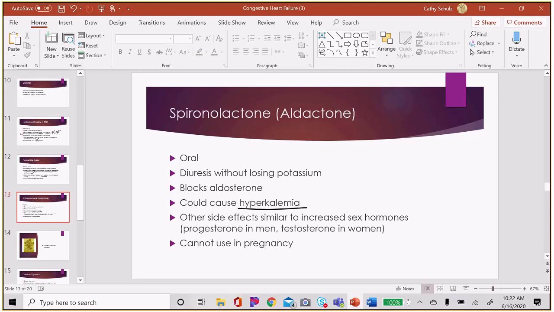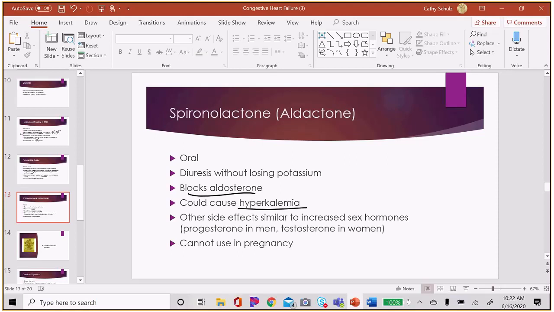Angiotensin 2 causes vasoconstriction as well as causes the adrenal glands to release aldosterone, and aldosterone saves sodium and water and gets rid of potassium. So if we block aldosterone, then we're going to get rid of sodium and water and keep potassium. So that's how it works as a diuretic, but that's also how it can cause hyperkalemia.